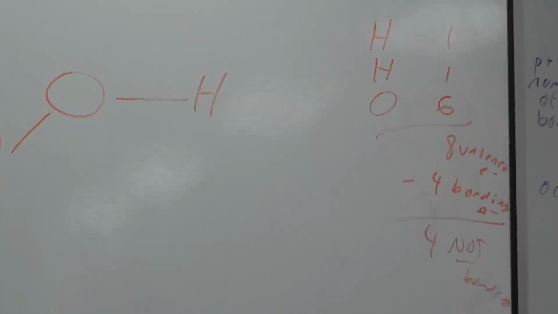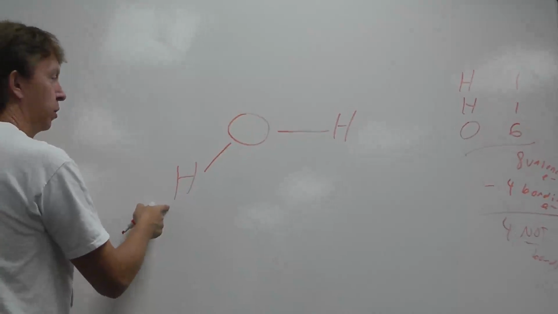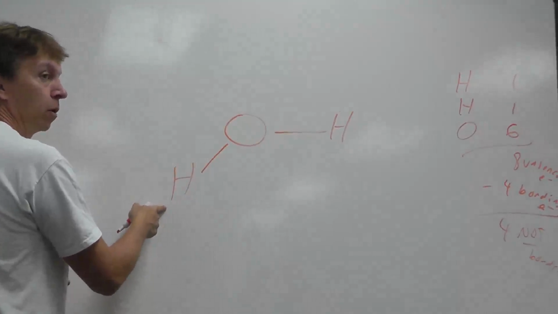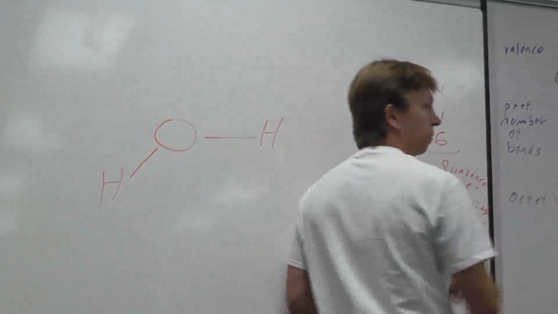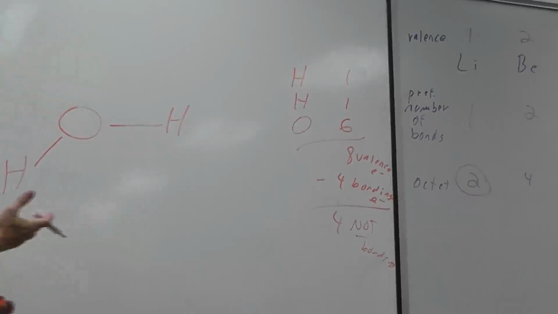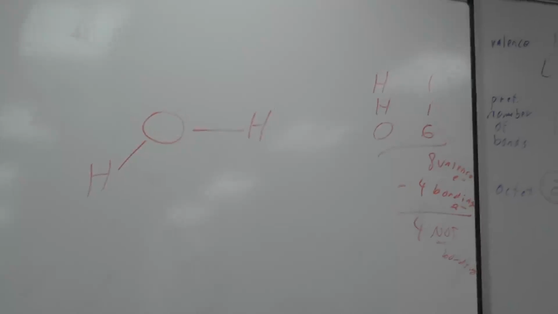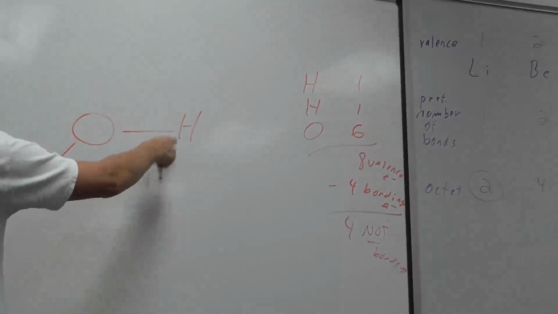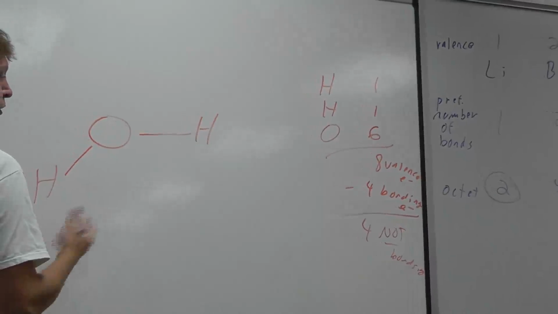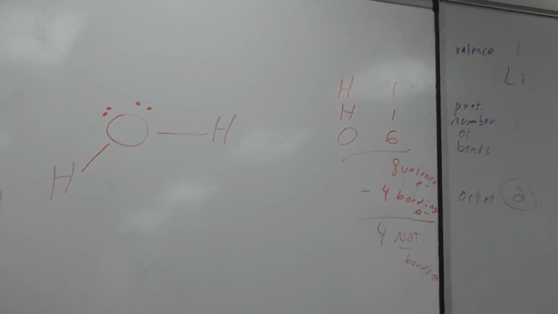So let's start with the hydrogen. How many electrons are on this hydrogen right now the way it's drawn? 2. Does it need more? No, because 2 is its octet, right? We're not filling them up to 8, we're filling them up to whatever their octet is. And for hydrogen, that's 2. So this hydrogen's fine, this hydrogen's fine, your perimeter atoms are fine. There's 4 more to go. We put them on the oxygen.